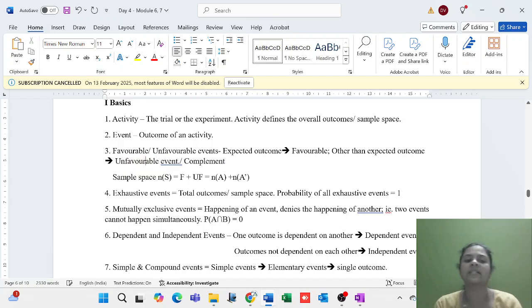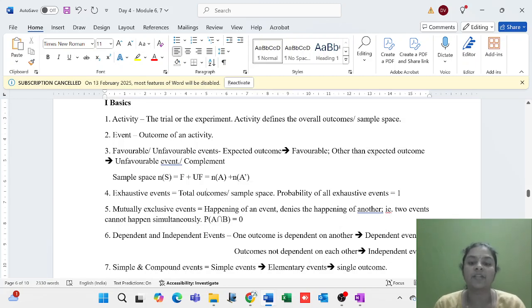Favorable event is what you expect, and other than the expected outcome is unfavorable, which is given by the complement of an event, A complement, A dash. The total number of outcomes or the sample space is given by the total of favorable plus unfavorable events, N of A plus N of A dash.